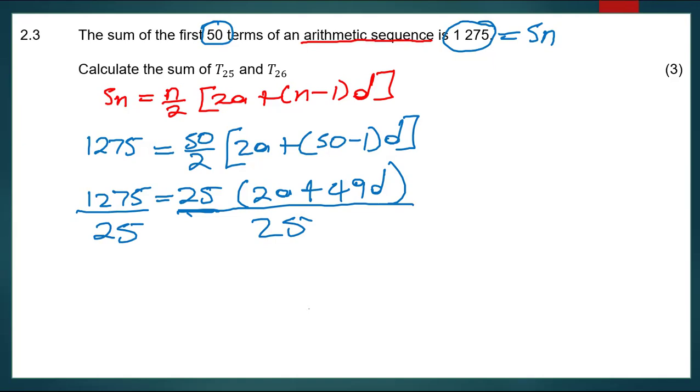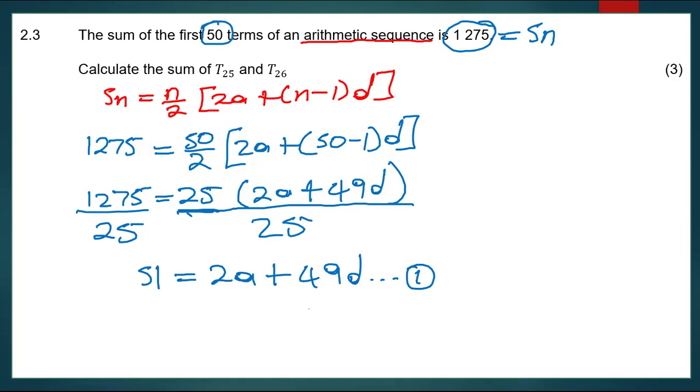1275, when you divide it by 25, gives you 51, which will be equal to 2a plus 49d. Because I don't have any common factor, I'll just say this is equation number 1.